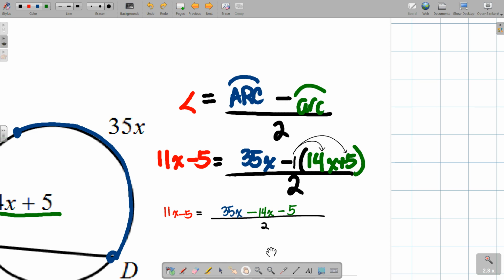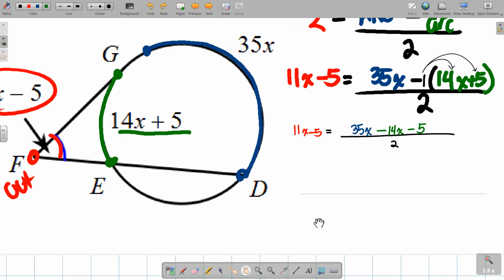So you're subtracting that entire arc. As you subtract that arc, you have to watch out that you're subtracting the entire expression. Solve for x, find all possible arcs and angles.